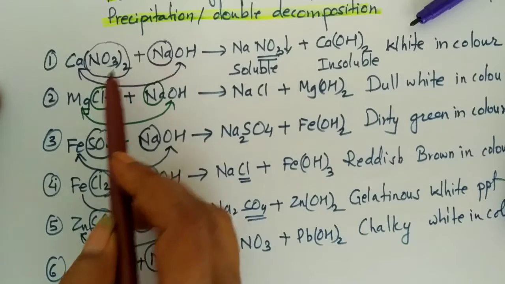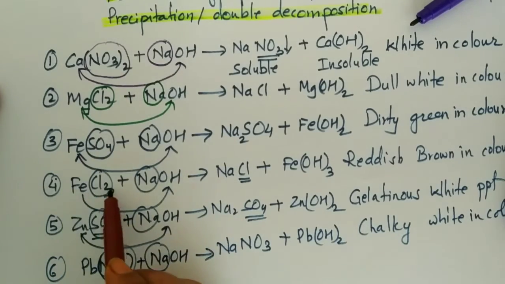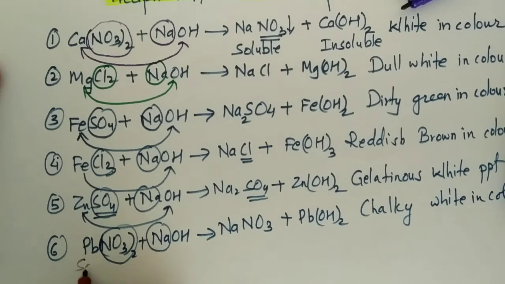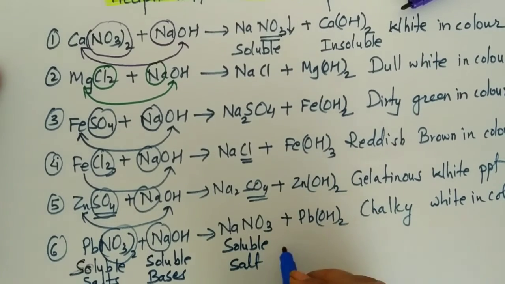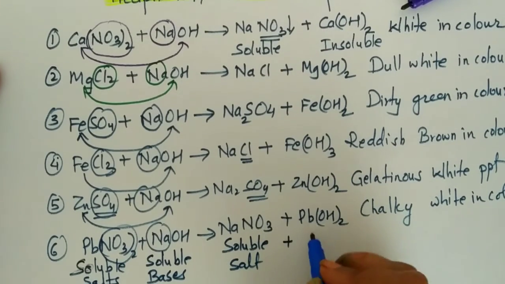So here you saw these all were soluble: calcium nitrate, magnesium chloride, iron sulfate, iron chloride, zinc sulfate, lead nitrate. These are all soluble salts. These soluble salts react with soluble bases and form a soluble salt but an insoluble precipitate.